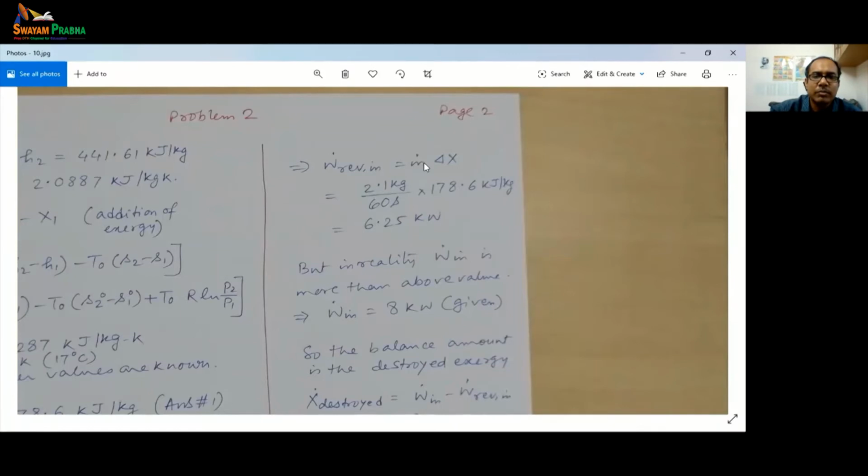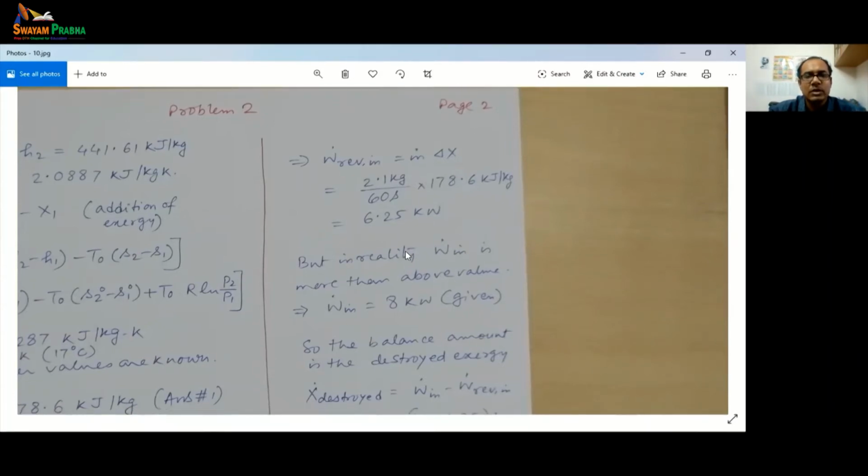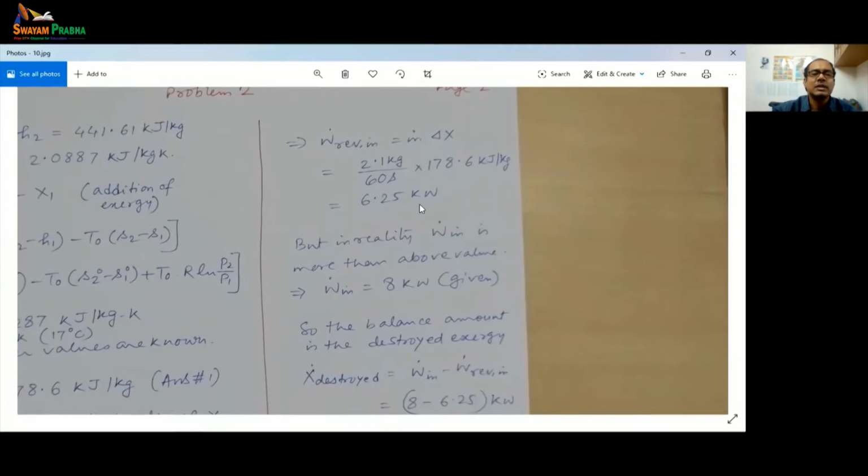So now the mass flow rate that we know here is 2.1 kg per minute. So that means 2.1 divided by 60 kg per second multiplied by the 178.6 kilojoule per kg we just found out. Okay, so the reversible work input is 6.25 kilowatt.